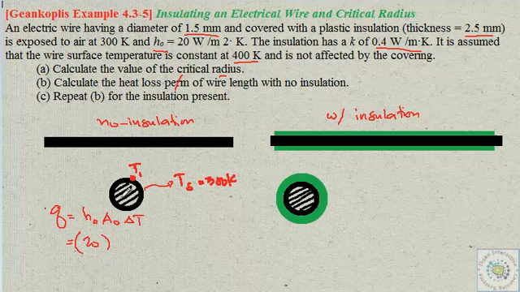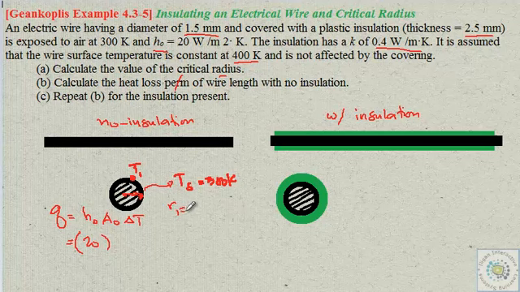And A_o is simply, what will be the area of this one? The length is supposed to be per wire length of 1 meter, and the radius, we call that R1.